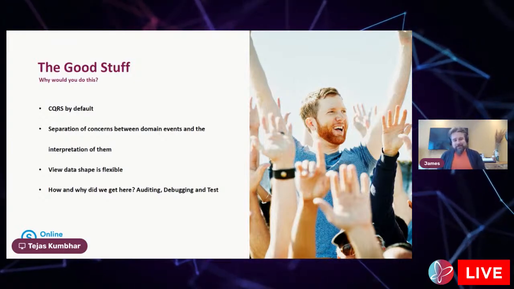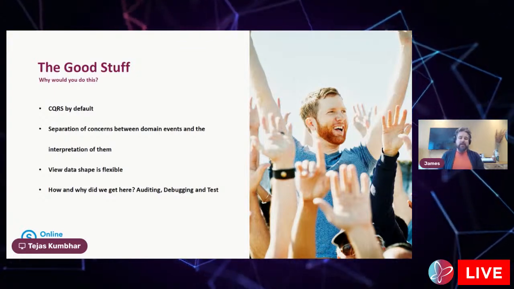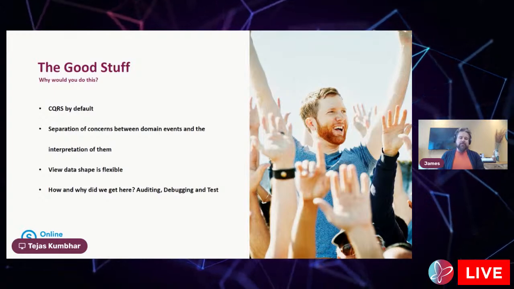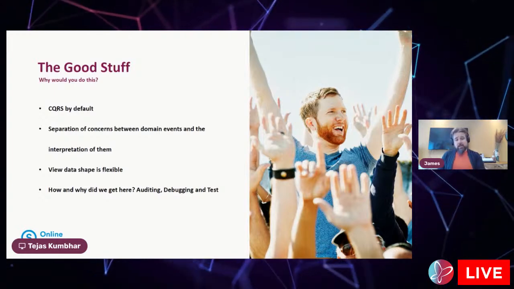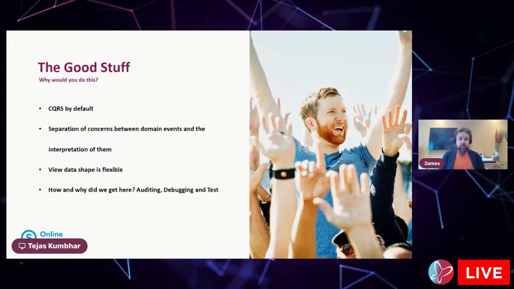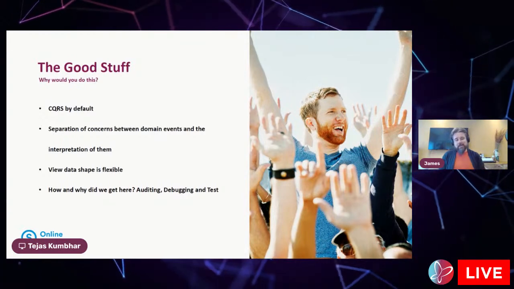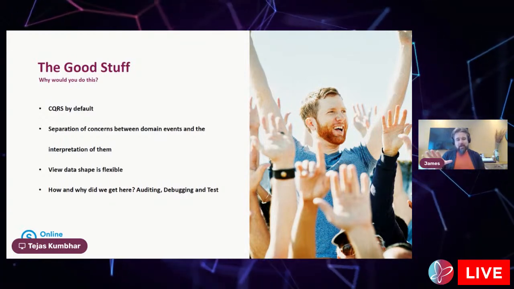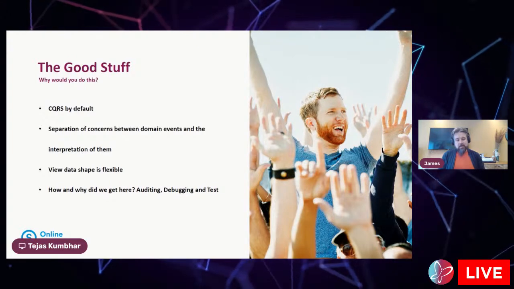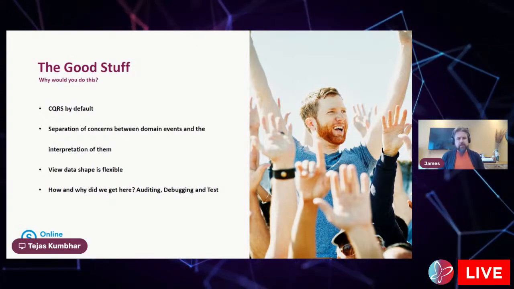Some of the good stuff that I've really enjoyed working with this architectural pattern is, as we've seen, CQRS by default. It's a common pattern, but basically in a nutshell, in most systems writes and reads are asymmetric in volume and performance, right?